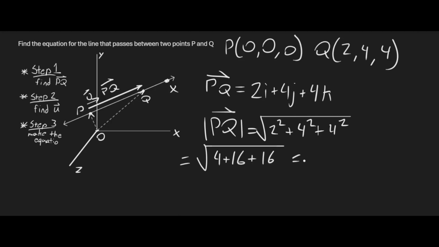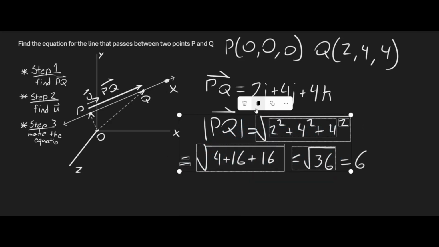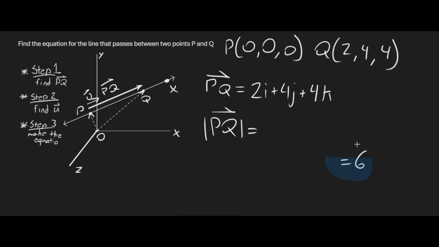This is going to give us the square root of 36, or just 6. So now we find that the magnitude of PQ is equal to 6.